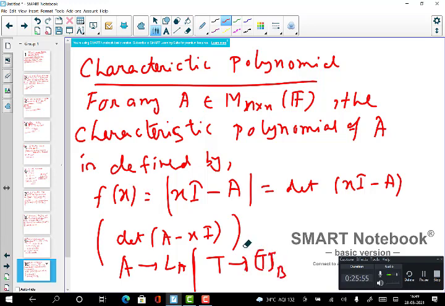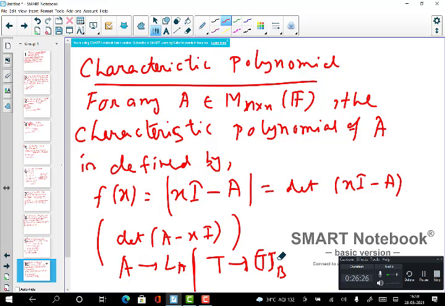My question is that if I define it this way, can I define the same characteristic polynomial for T? For example, if you start with the linear operator T, can I define the characteristic polynomial of the linear operator by the determinant of xI minus T_B, the matrix with respect to the basis B? Because that matrix depends on the basis B, right? So that's a question to ask.